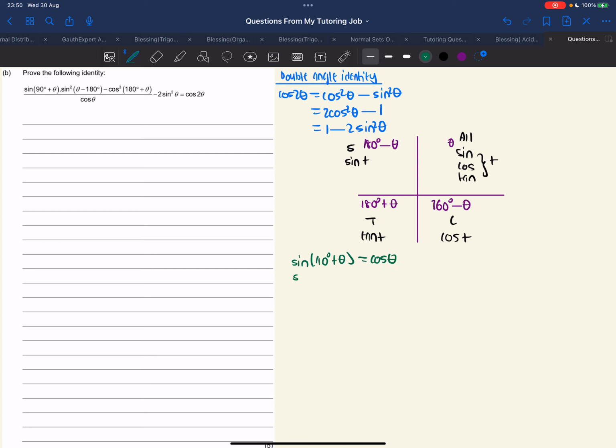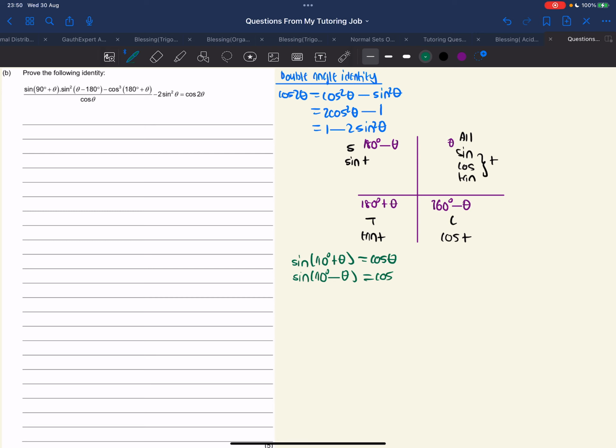And if you have a sine of 90 degrees minus theta, you still get cos theta.